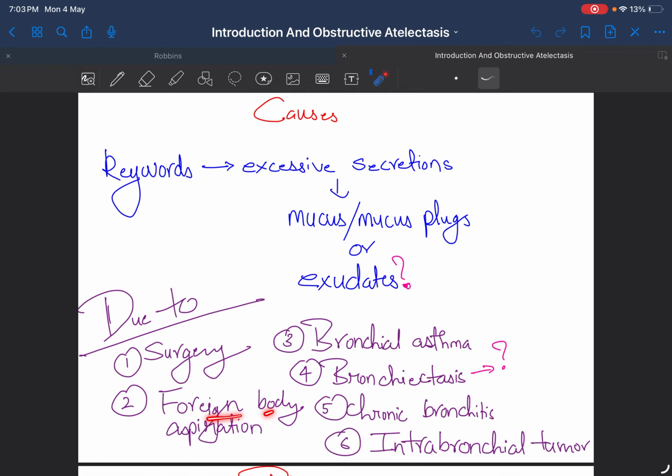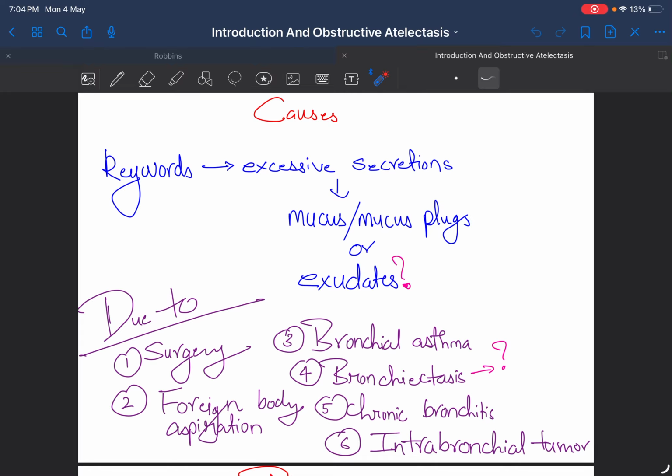Second, we have foreign body aspiration, and it is mostly seen in children. Then we have bronchial asthma. Then we have bronchiectasis, which is basically a chronic lung disease.